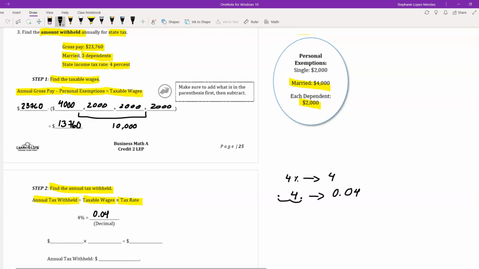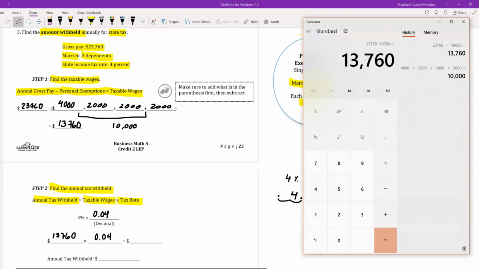So my taxable wages is what I found on step number 1, which is $13,760. And I multiply it by 0.04. I go to my calculator and I will multiply $13,760 by 0.04.